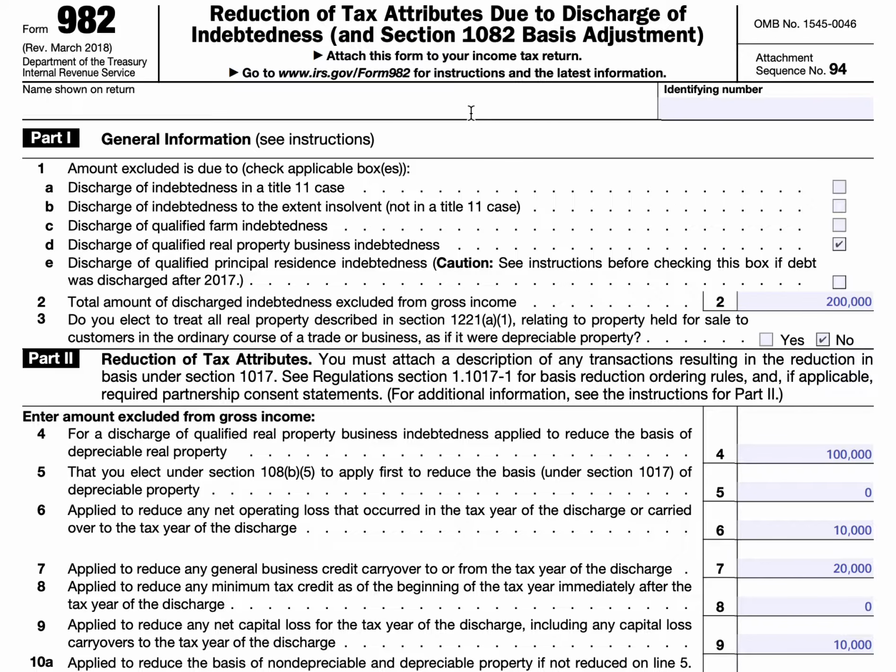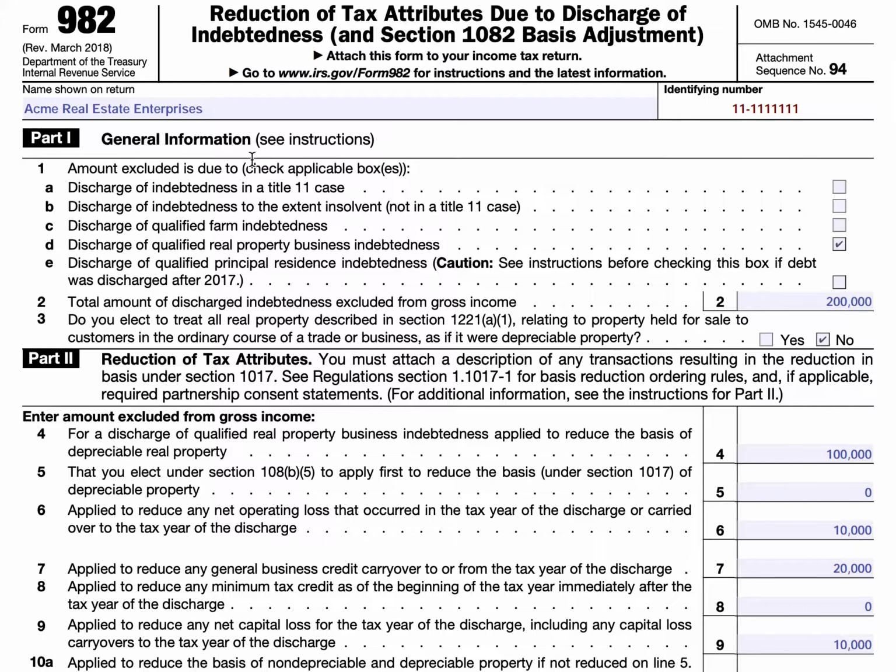Let's just call it Acme Real Estate Enterprises, and then my employer identification number would be, right? So this is my form, and this would be attached to, in this case, Acme Real Estate Enterprises' tax return.